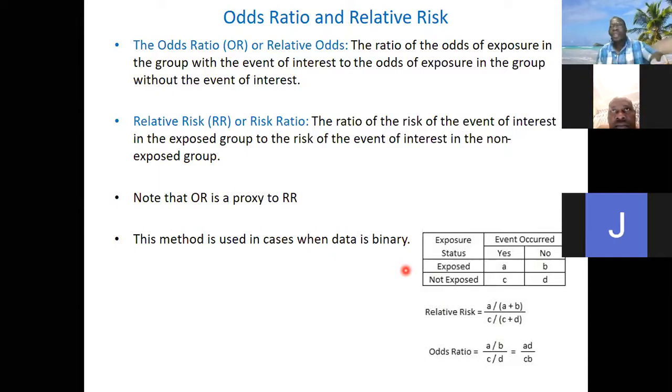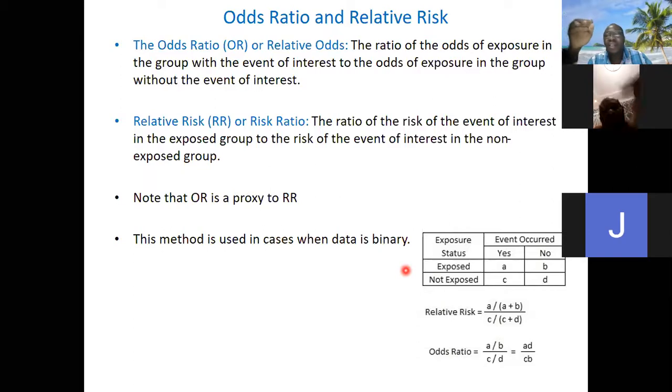Now, odds ratio is a proxy to relative risk, in the sense that the real thing you want to measure is the risk. But because you cannot measure risk in that case, since the event has occurred, you do odds ratio. Both of them are effect sizes.